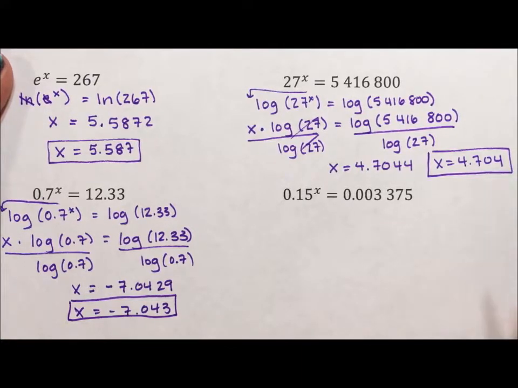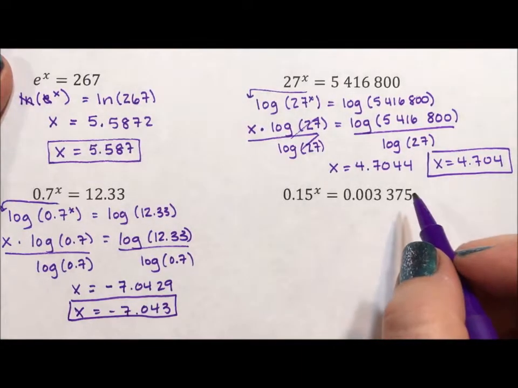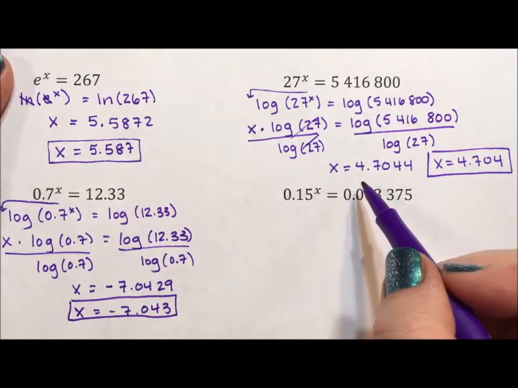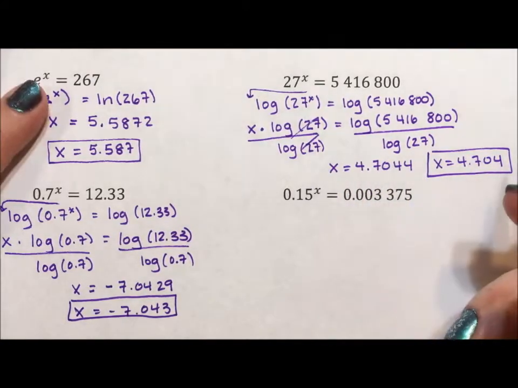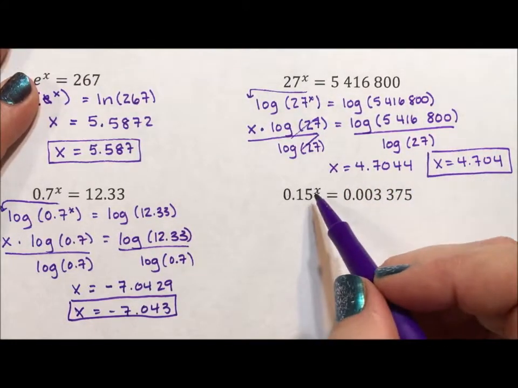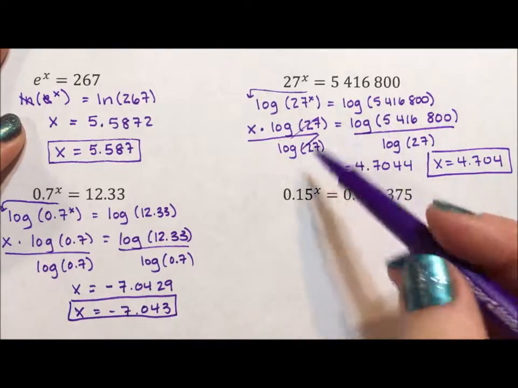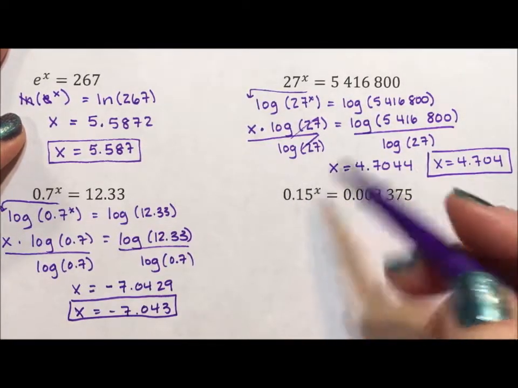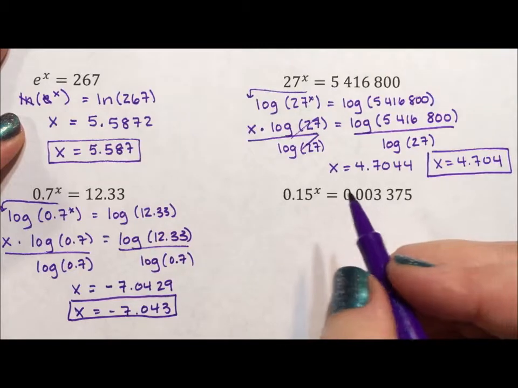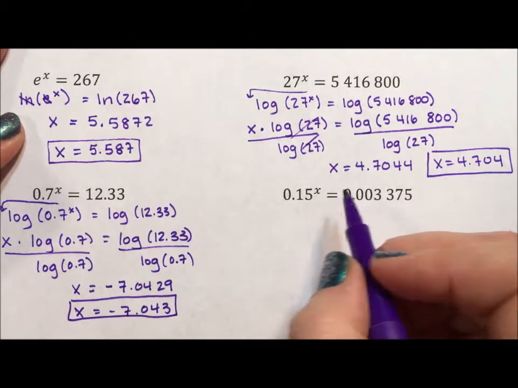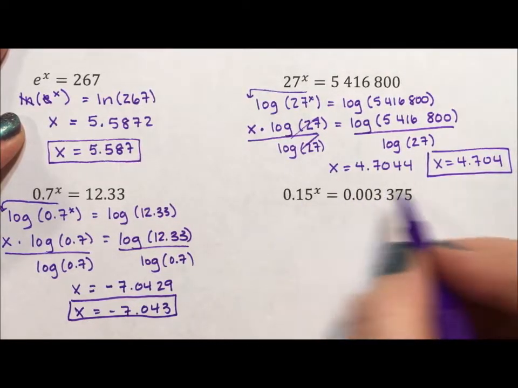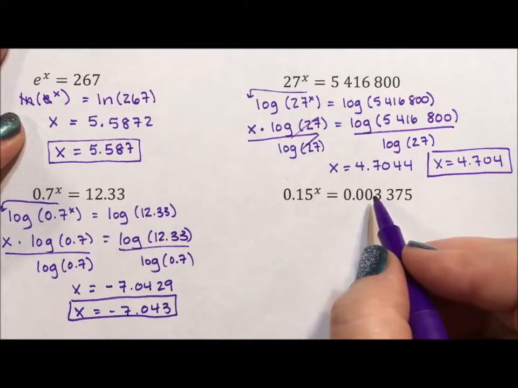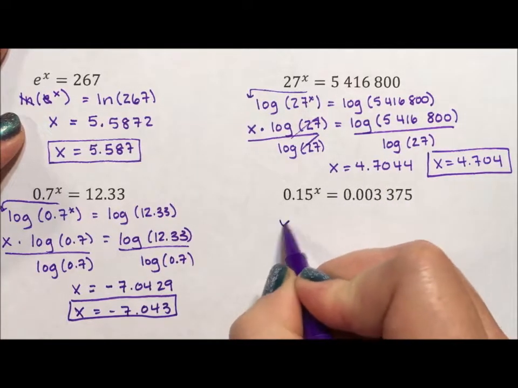Okay, but I said there was another way of doing these. Some people really like using the inverse. And the inverse of e is natural log. The inverse of 15 to the power is log base 15. So logs are exponents. So whenever I rewrite something as an exponent, I start with the exponent. Exponent equals.